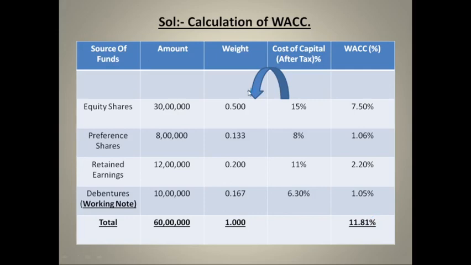We simply multiplied the previous two columns, that is weights into cost of capital: cost of equity shares into weight of equity shares, cost of preference shares into weight of preference shares, cost of retained earnings into weight of retained earnings, and cost of debentures into weight of debentures. So we multiplied both these numbers and got the final answer as WACC. So that's how we solve sums based on weighted average cost of capital.